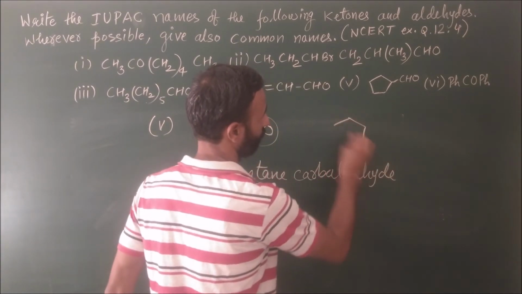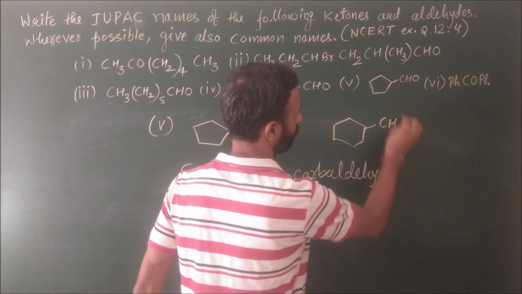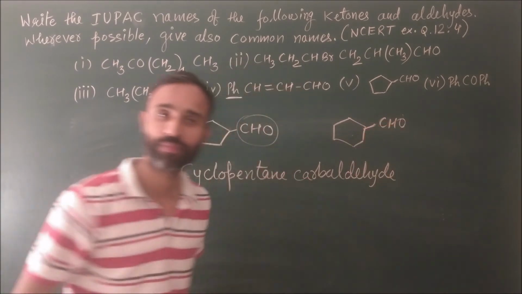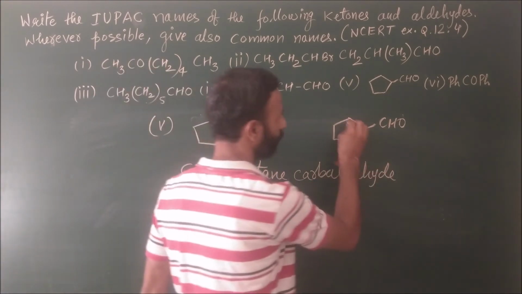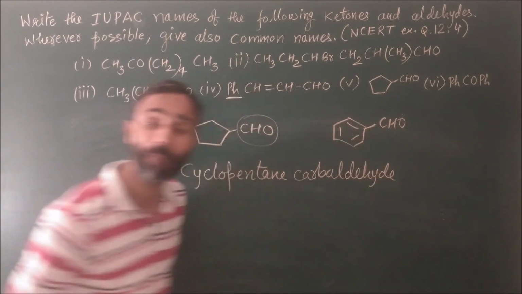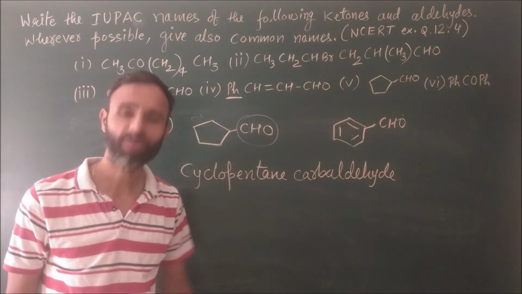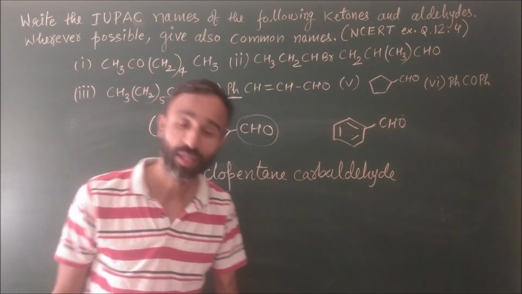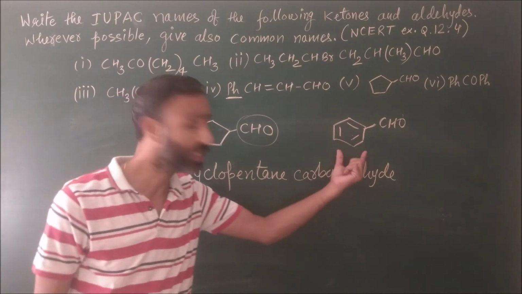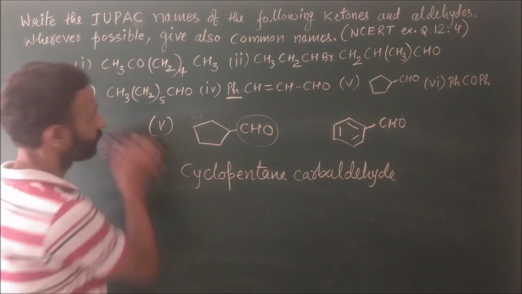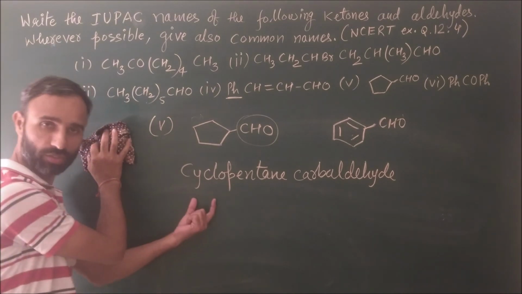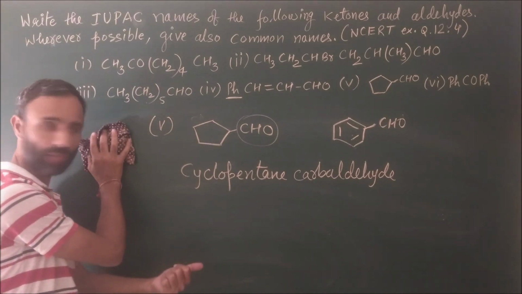Same, if we have a structure like this, this is cyclohexane carbonaldehyde. If it is like this, benzene carbonaldehyde, or commonly known as benzaldehyde, but it can be written as benzene carbonaldehyde. Okay, so this is the 5th one, and its common name is the same, cyclopentane carbonaldehyde.